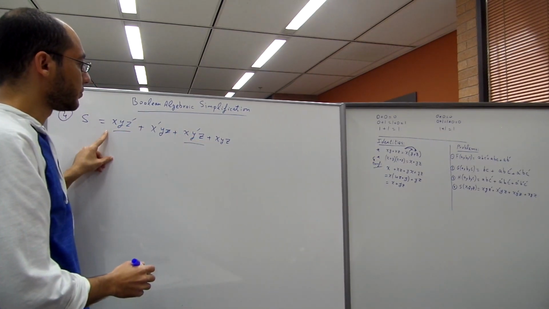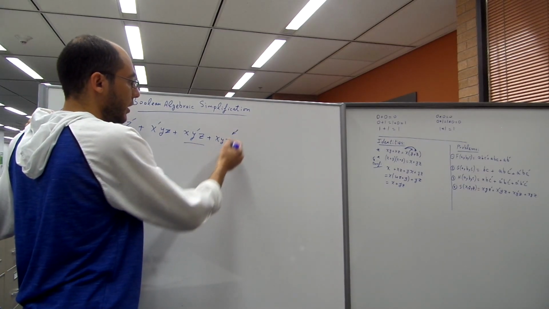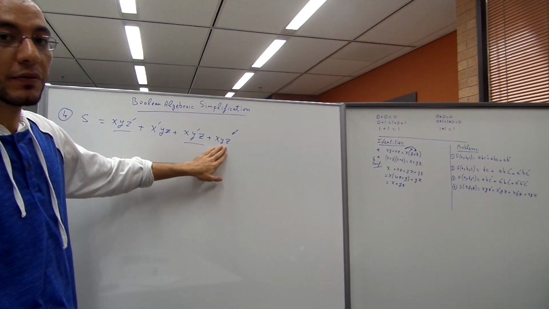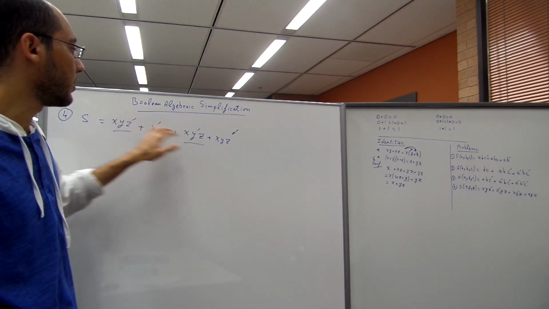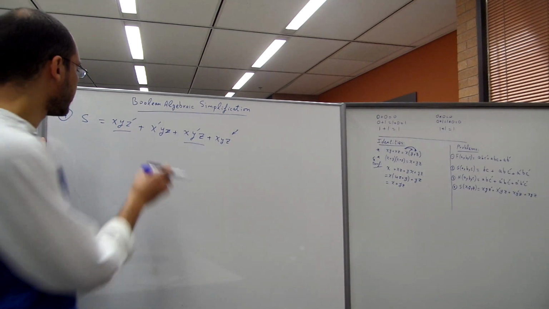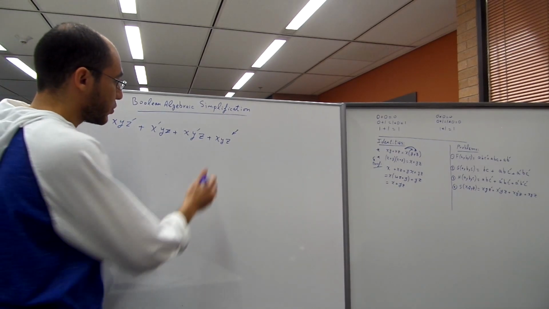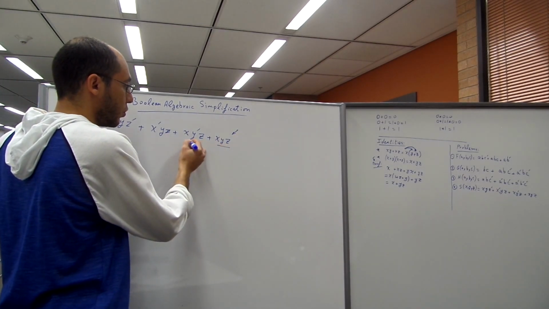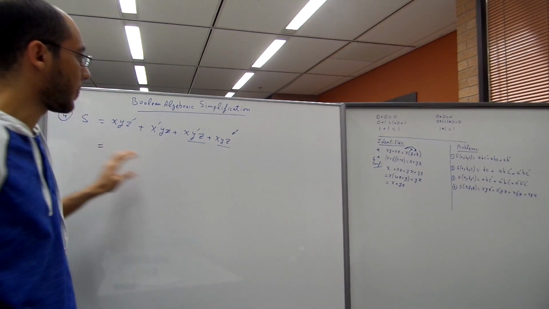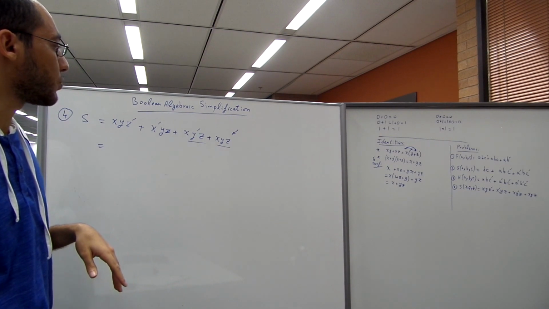However, if you look at this term, this is the only term that could have two common variables with the other three. So if I associate this term with that term, and then take whatever common factor that I can factor out, this will solve the problem.